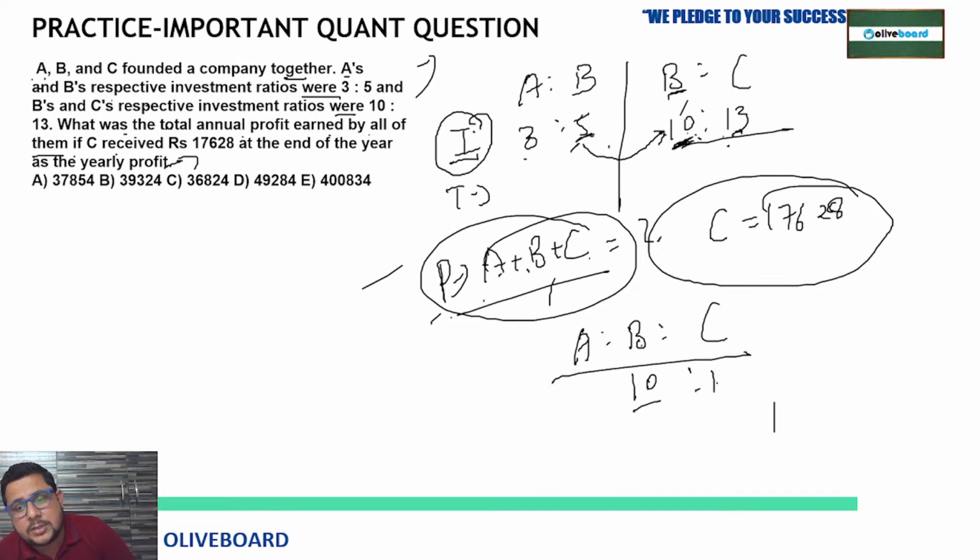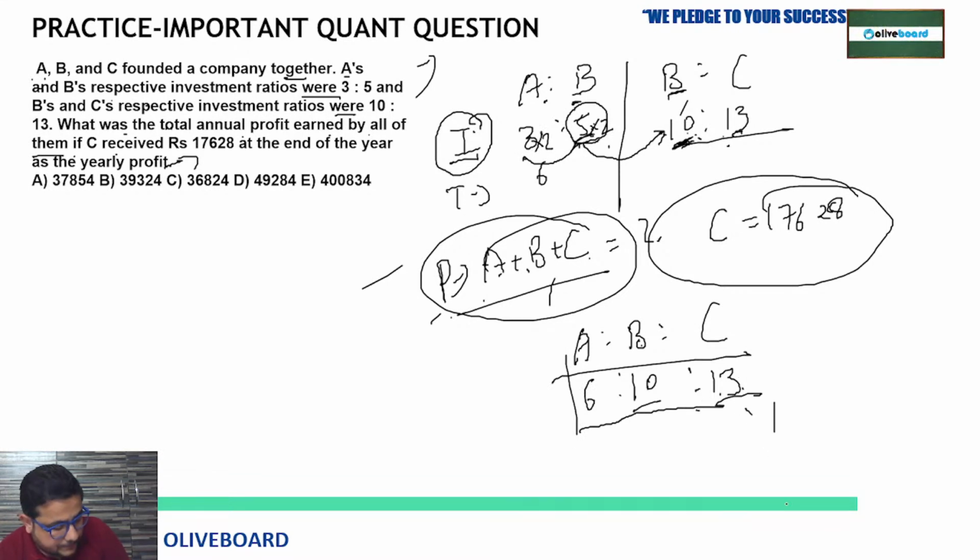So directly put 13 here for C. But in this ratio, if you will see, A is to B, B is 5. So if we want to make this 5 into 10, what we have to multiply in the whole ratio? 2. So 2 into 5, 10. 2 into 3, 6. So the value of A in the ratio is going to be 6. 6, 10 and 13. Clear?